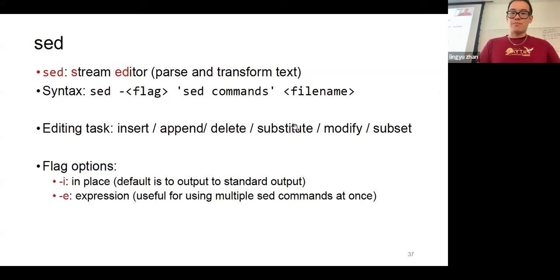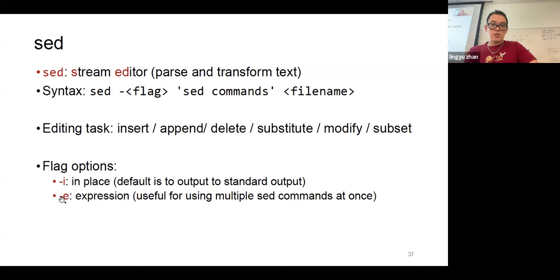I think for me, subsetting and substituting are the most important functions. For example, if you have a sample name within your script and you want to change it to a different sample name, you can just identify that sample name and substitute it with another sample name without actually going into the file and editing it.